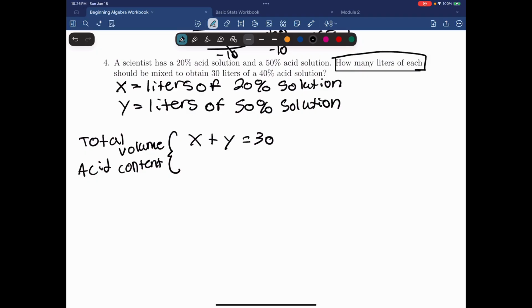Because x represents our 20% solution, I'm going to do 0.20 times x. Now, if that's confusing to you, this is why.